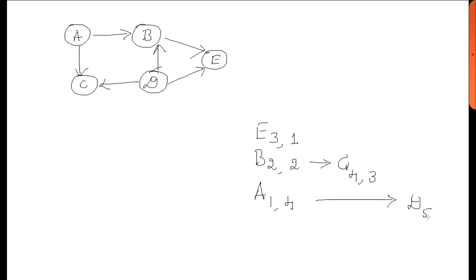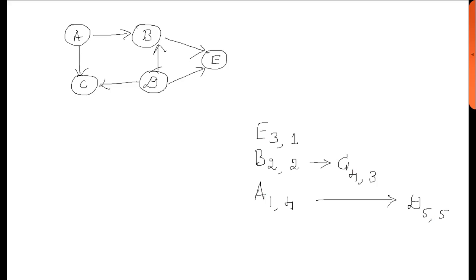Now D is the fifth vertex to be visited, and it does not have any other unvisited vertex, so it has to be removed from the stack. So now the DFS traversal would be A, B, E, C and D.